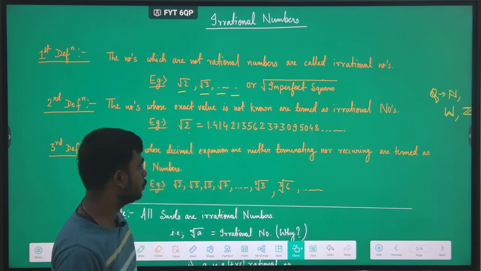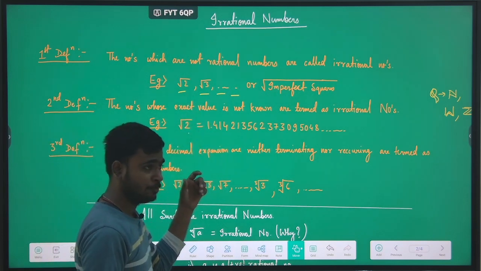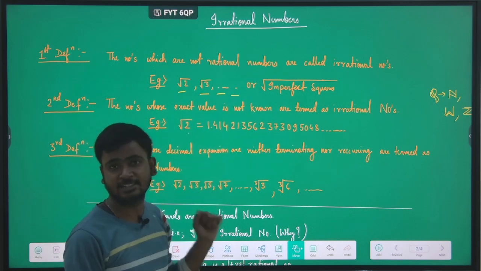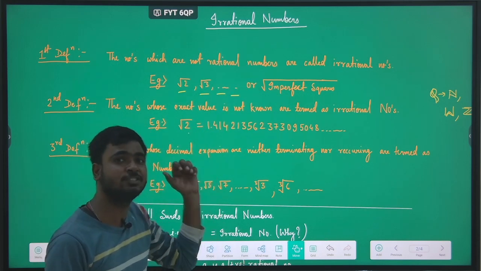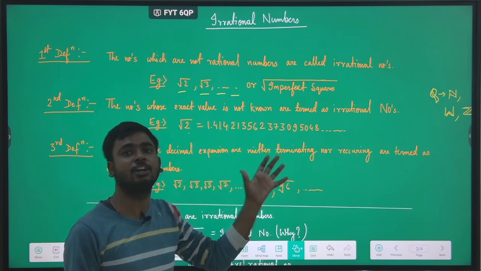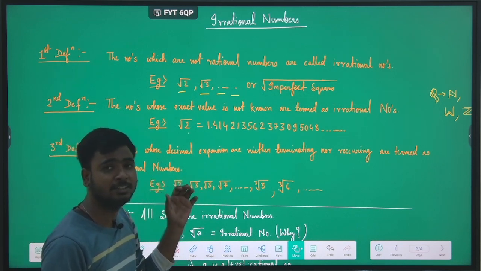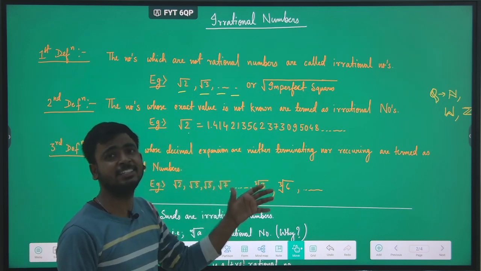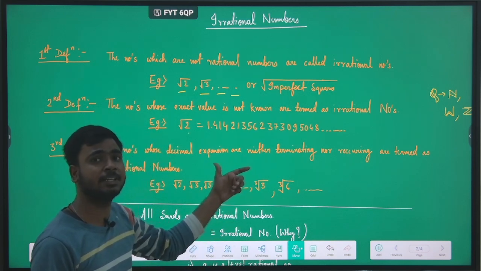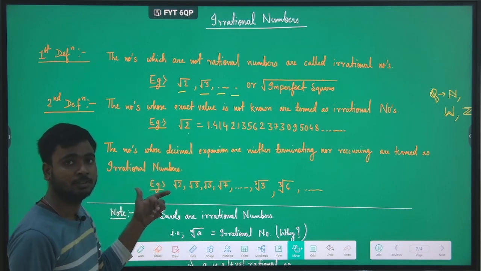So through this, we have concluded that the basic definition for irrational numbers is that it should not be a rational number, or else we can say that its value should not be exact. We cannot find the exact value of that number, or else any decimal expansion which is neither terminating nor recurring, we say that decimal expansion is an irrational number.